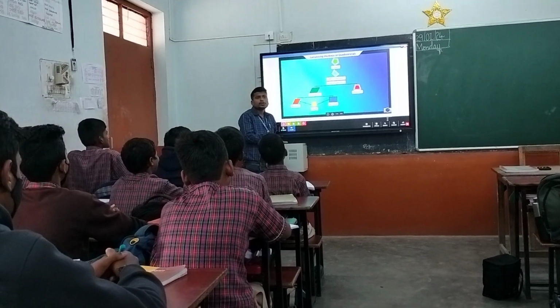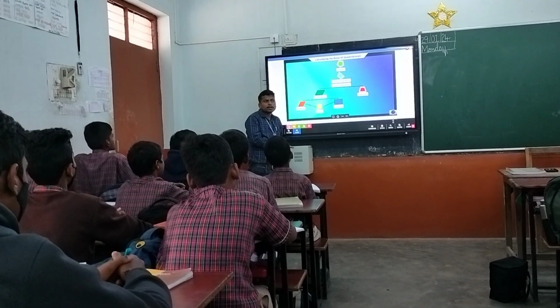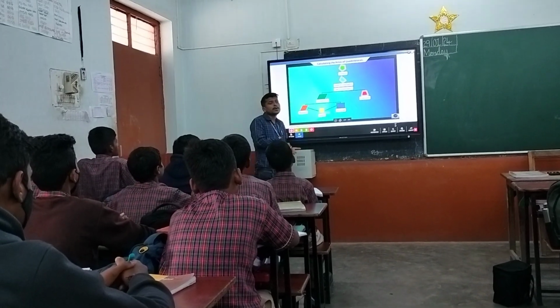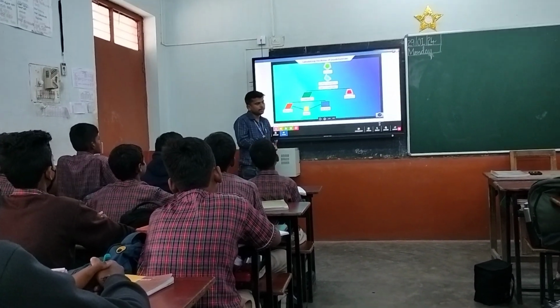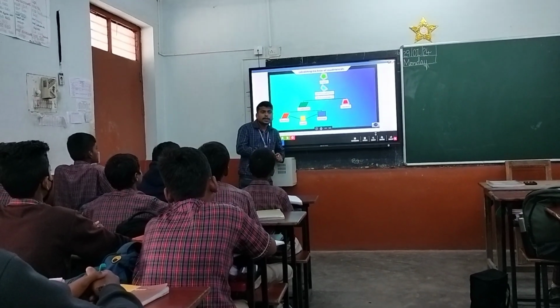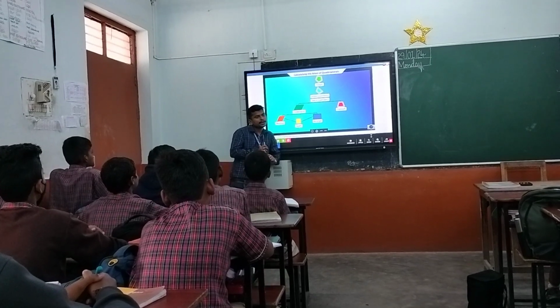Rhombus, whose all sides are equal; square, also all sides are equal, but one additional property that in a square all the angles are 90 degrees; rectangle, opposite sides are equal and all angles are 90 degrees.